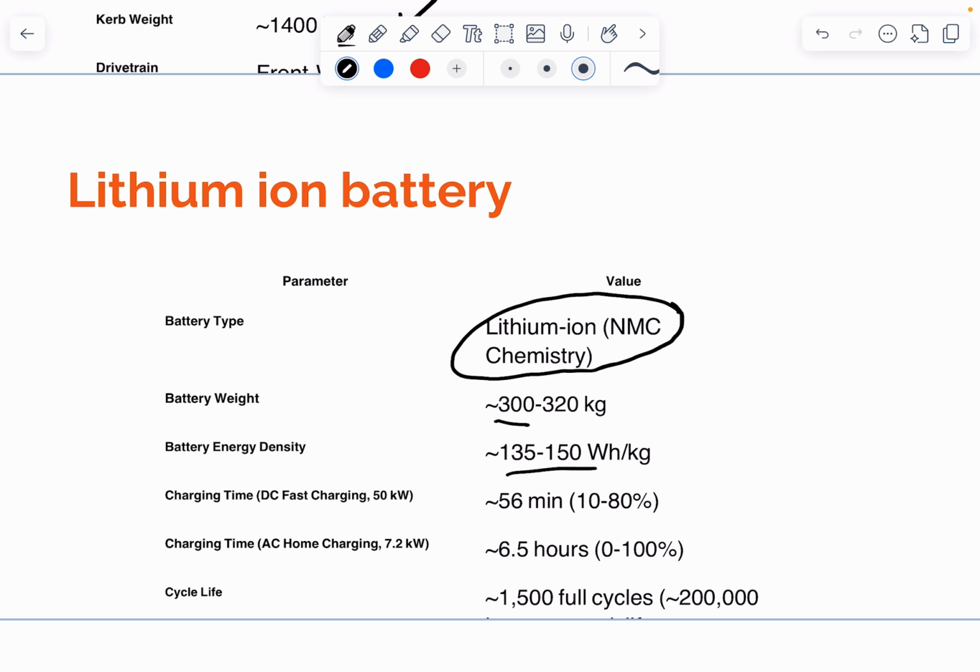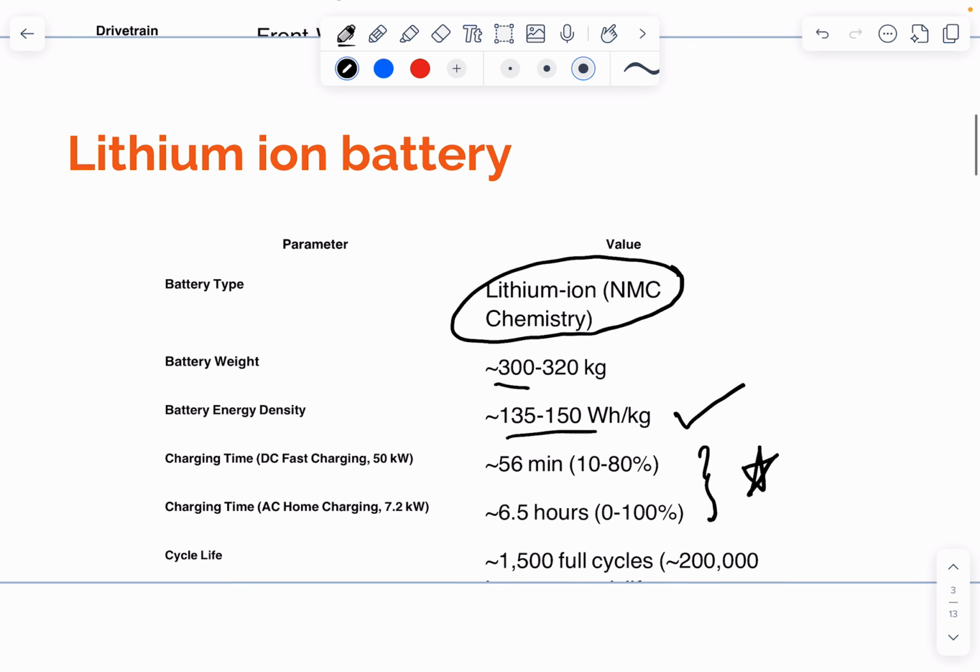So this gives, indirectly, the range of the vehicle. This is important from the consumer angle as to how much energy goes into it, but it is also relevant to understand and to assume the losses in the charging and discharging of the battery. Okay.